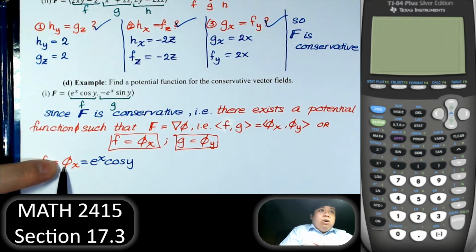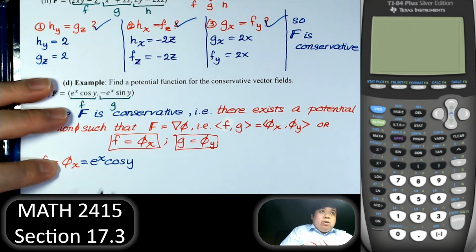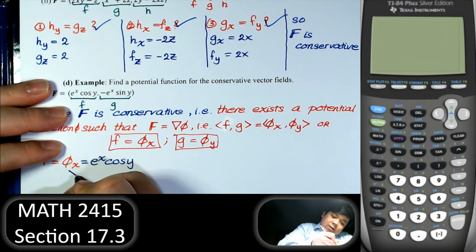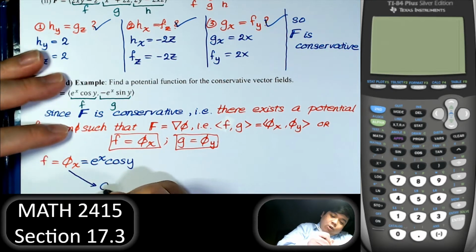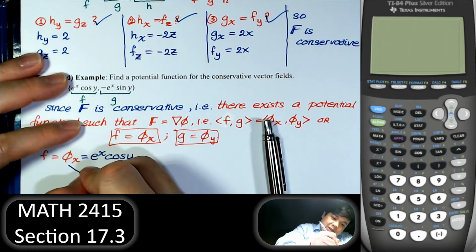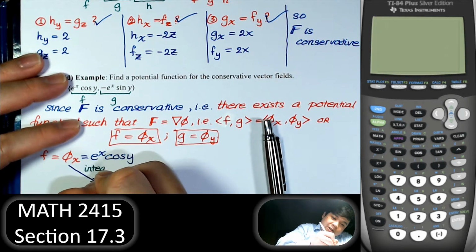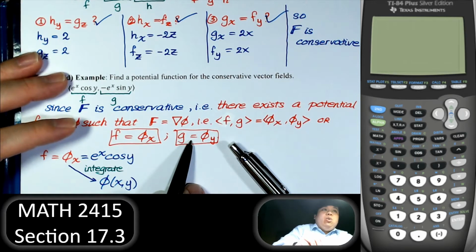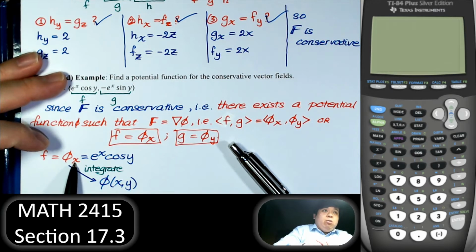Now if the derivative equals that, then we integrate and we're going to get the function. Of course we can start with the other one and integrate with respect to y, but here we have the derivative with respect to x.